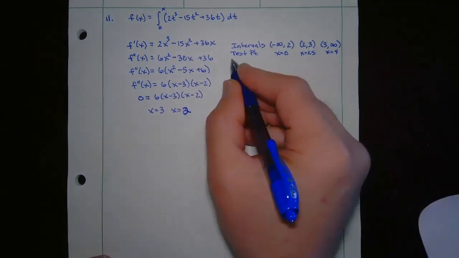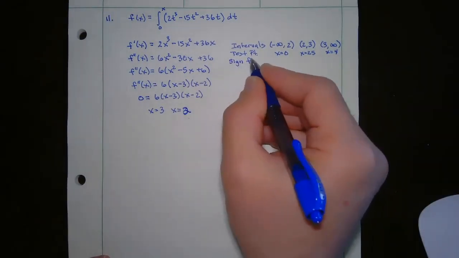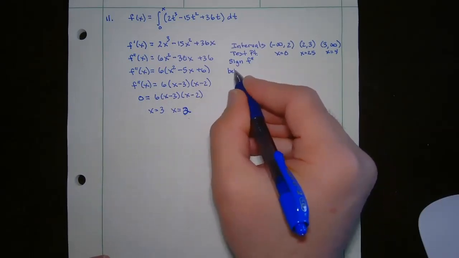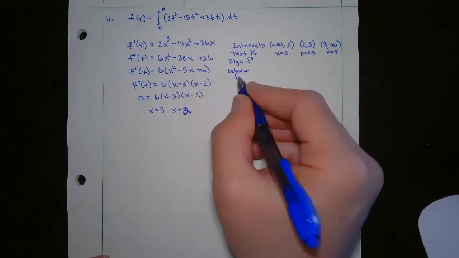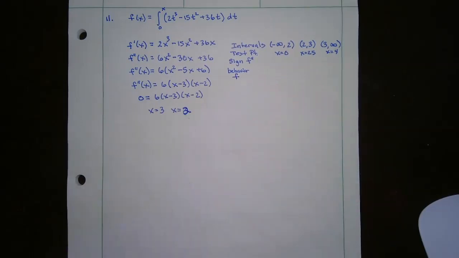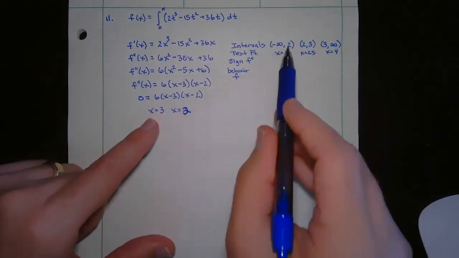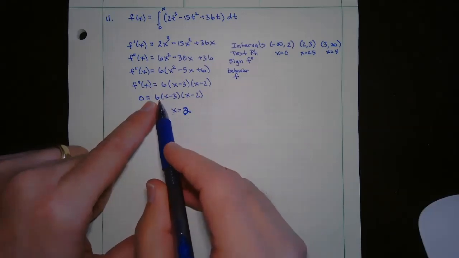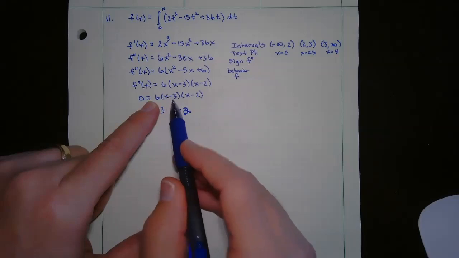Okay, and then we're looking for the sign of f double prime. That's going to tell us the behavior of f, the specific behavior being the concavity. Okay, so it's easier to put this into the factored form, right? So this is 6 times 0 minus 3, that'd be negative 3, right?